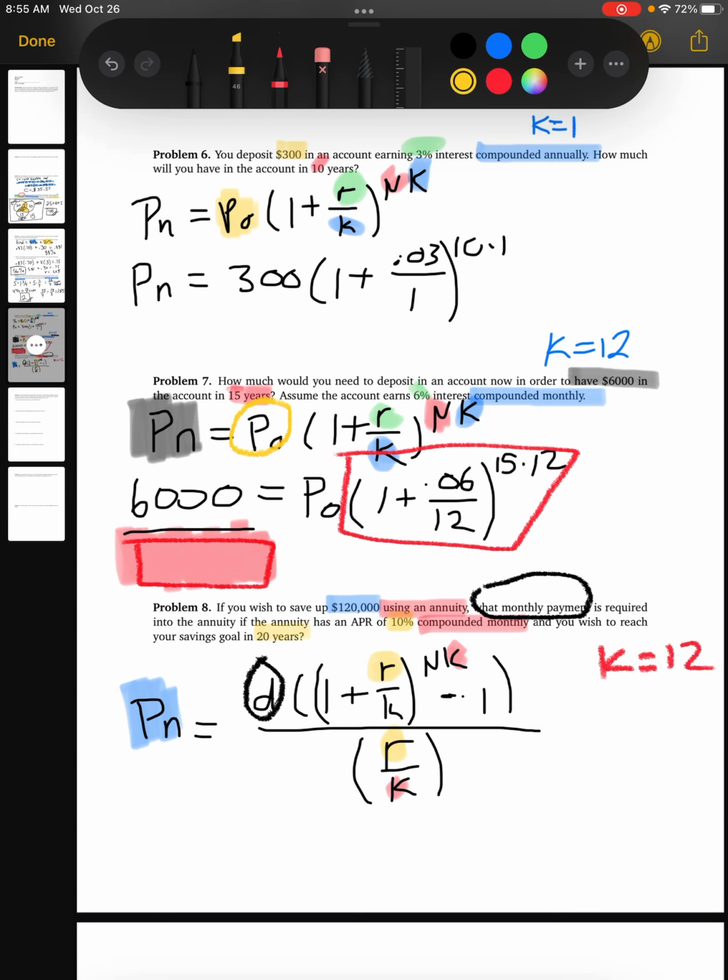And we want to reach our savings goal in 20 years. So that's N. So what you're going to want to do for this problem is find this number using your calculator.